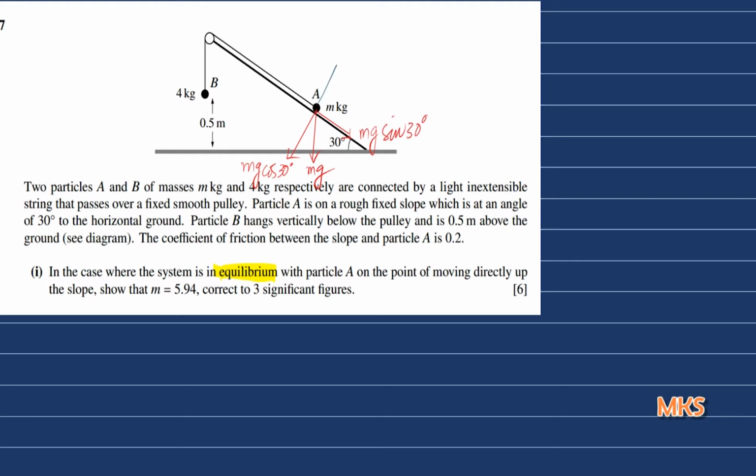The reaction force will be there, and since particle A is on the point of moving up the slope, the force of friction will be backward. Tension T will be in this direction. In this case there will be T, and in this case this will be 4 kg, 40 Newton.